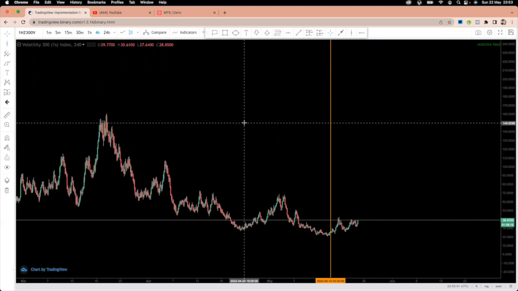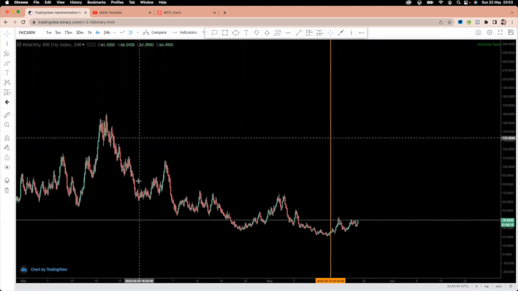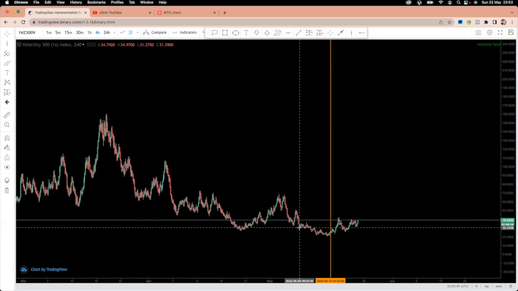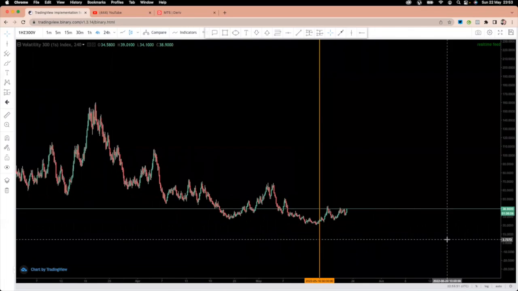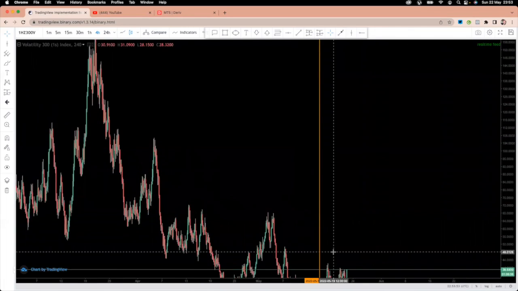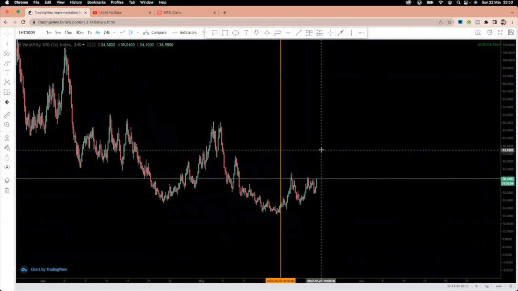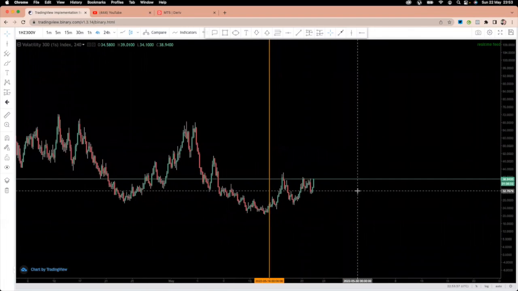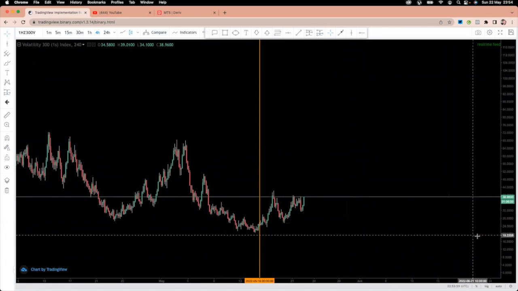So when the market is making lower highs, all you want to look for is selling opportunities and not buying opportunities. Okay, so since we got that out of the way, let's look at what price actually did for us last week.